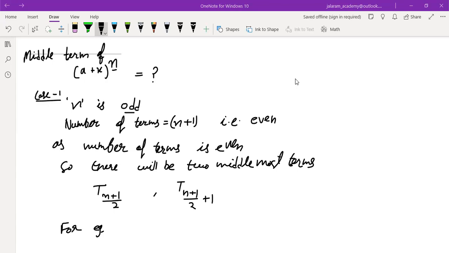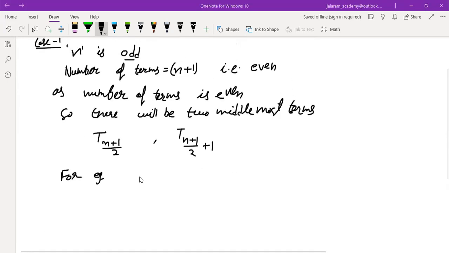If there is (x + 3) whole to the power 7, it means n equals 7, which is odd.